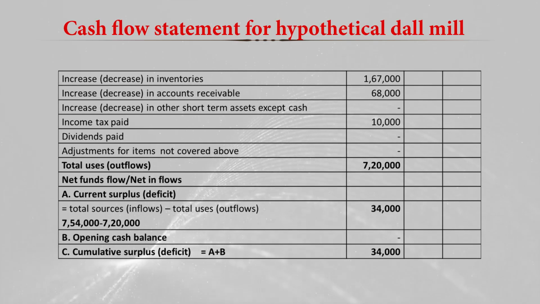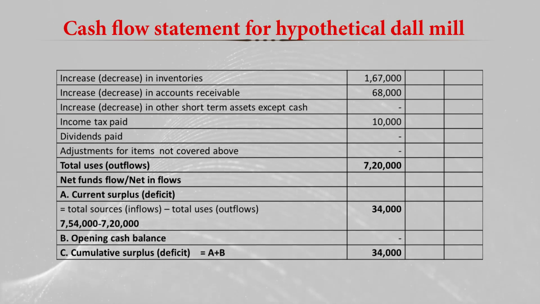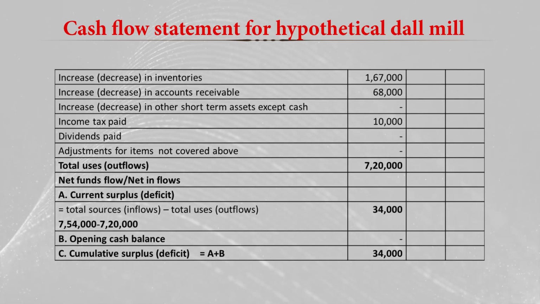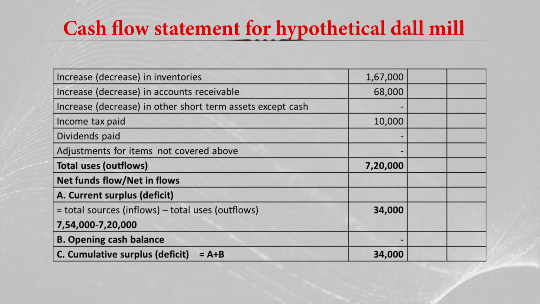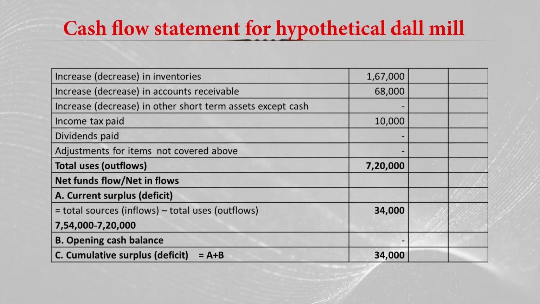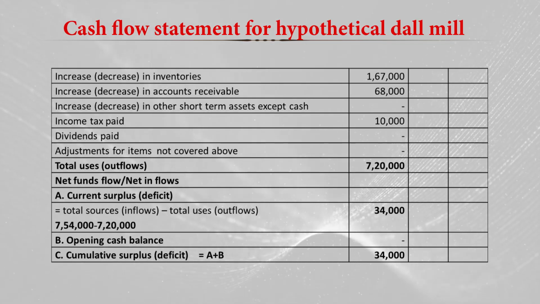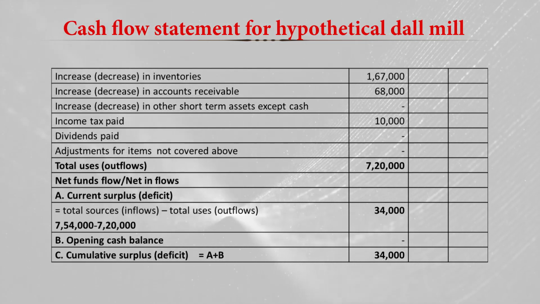So here we can calculate two or three figures, like current surplus or deficit. In case of the current surplus, it is basically the inflow minus outflow, the total funds received minus the total usage of the funds.